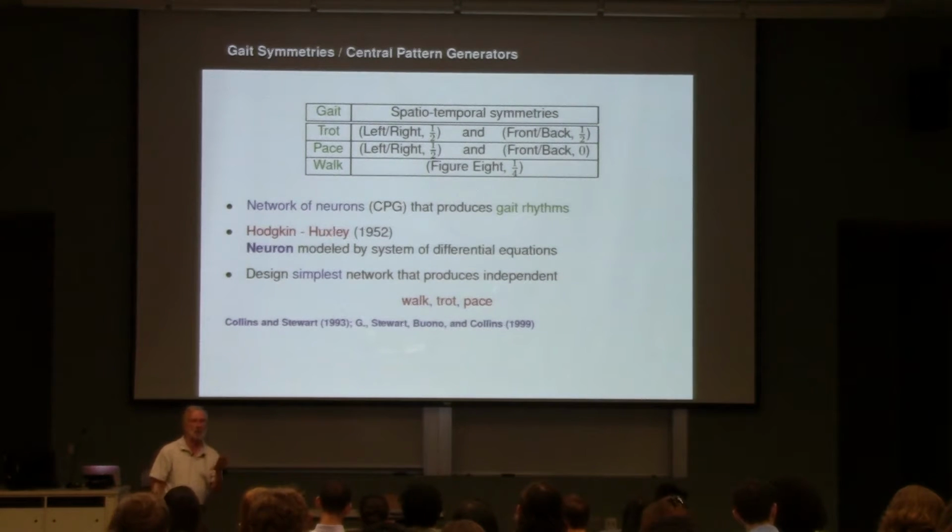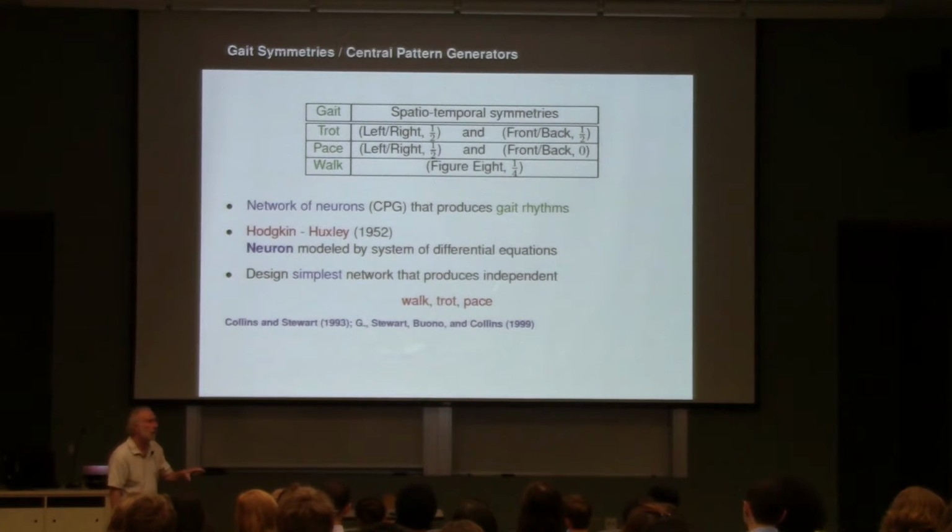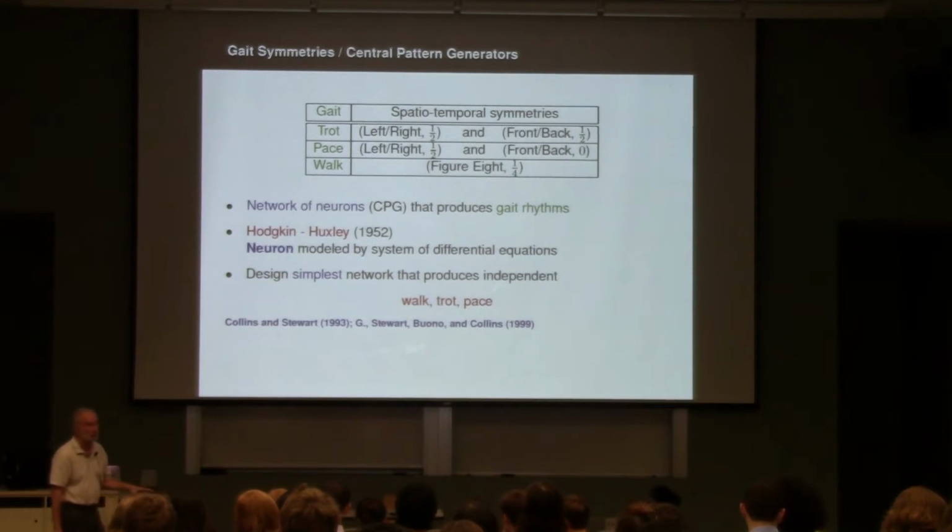I don't care what that system of equations is for the purpose of this talk. It's just that there is this four-dimensional system of differential equations that does very well at modeling the bursting activity of an individual neuron.